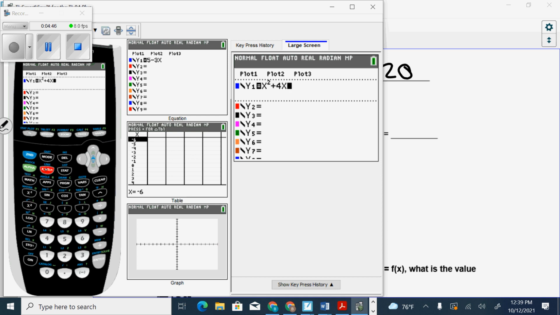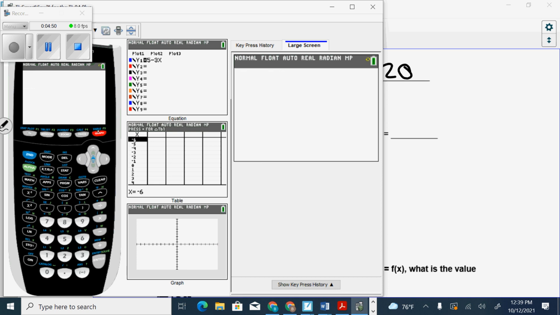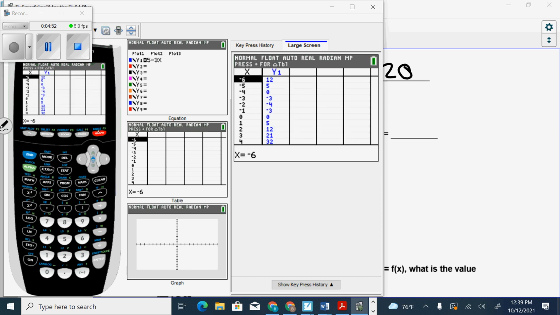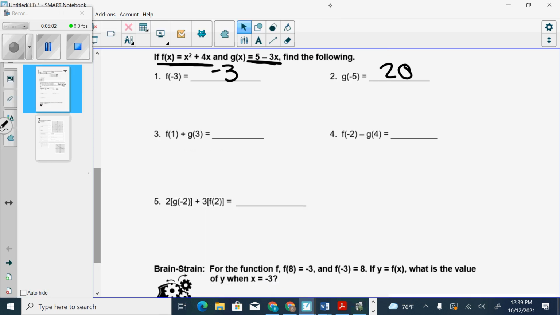Once I have that typed in, second graph, and there's my table. They wanted f of 1, so when x is 1, what's my y? 5. So f of 1 became 5.